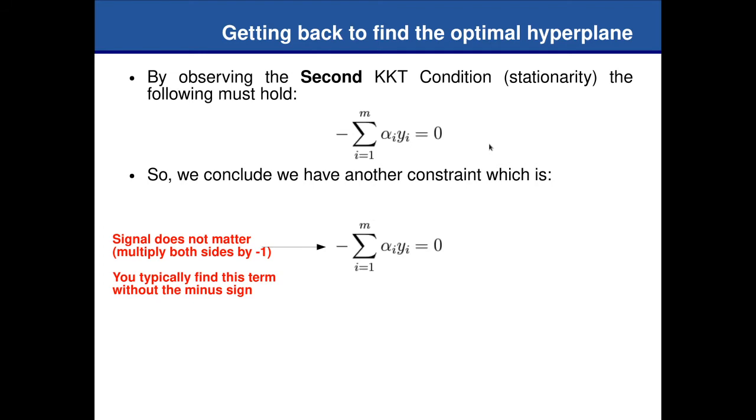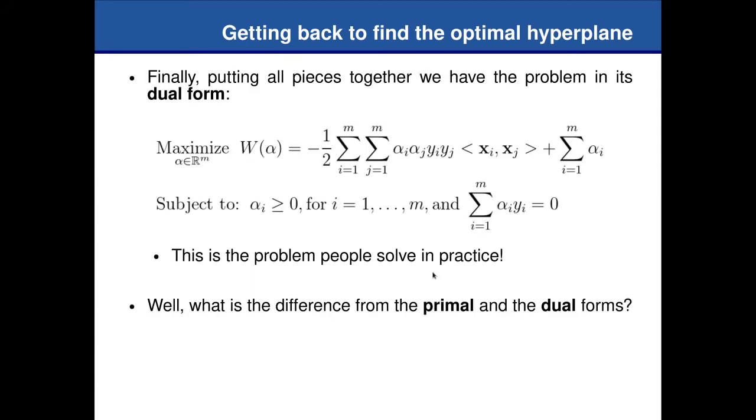Whenever a term vanishes in our Lagrangian, I told you guys we have to add it as a constraint in our problem. It could be a constraint using this negative sign, but actually I prefer to multiply both sides by -1 and make this positive. So it's going to be a positive sum equals 0. Anyway, multiplying by -1, the equation is going to be the same without the sign, okay? So this is our problem to be solved now in its dual form.